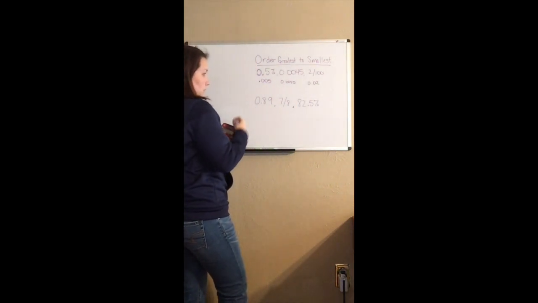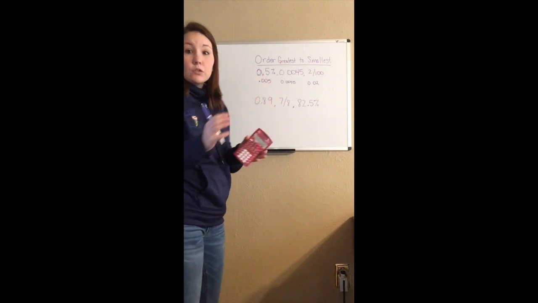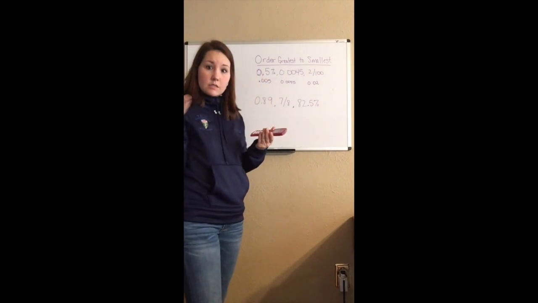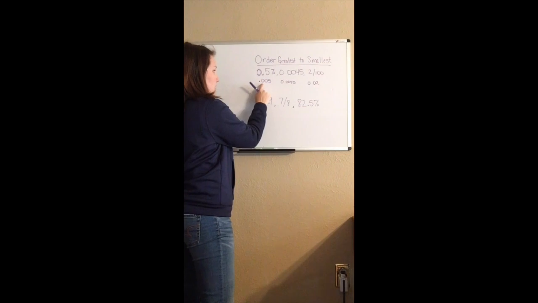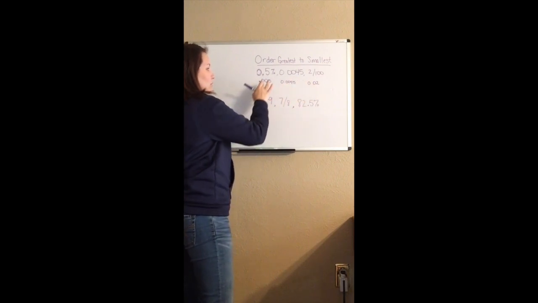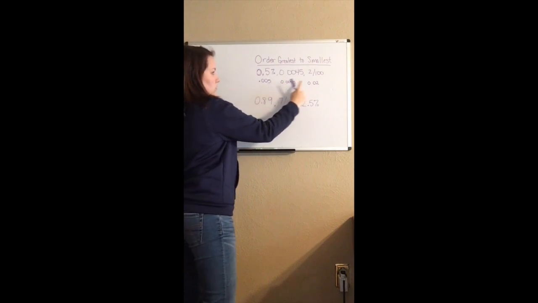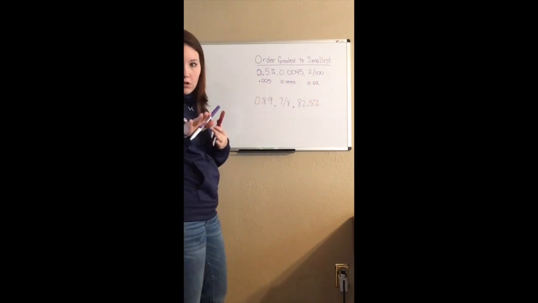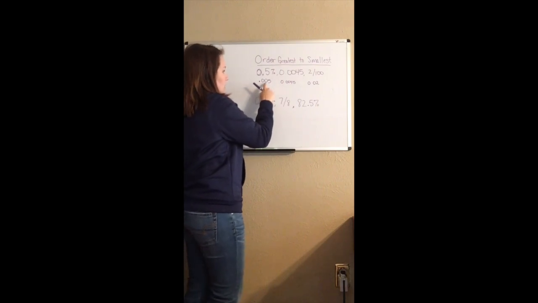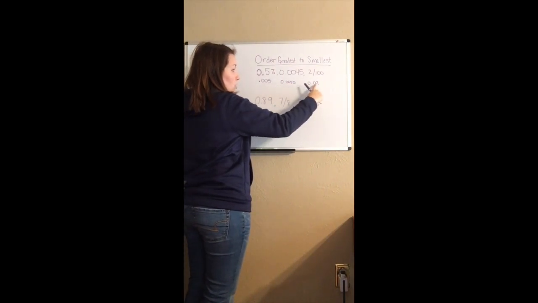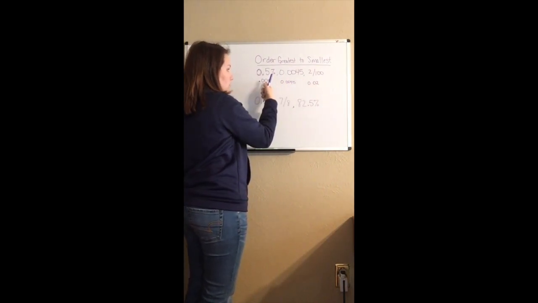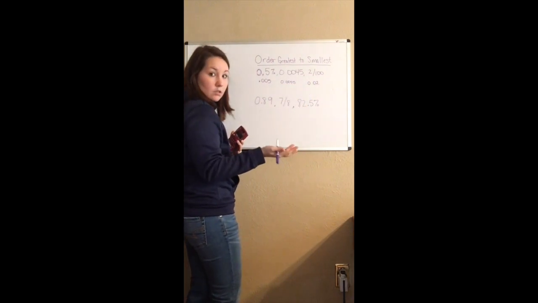Looking at these, it might be a little confusing. We have a lot of decimal spots that are zeros at the beginning. So what's important is we want to look at each decimal place and compare it. 0, 0, 0, they're all the same in that decimal place. 0, 0, 2. Which one's bigger?